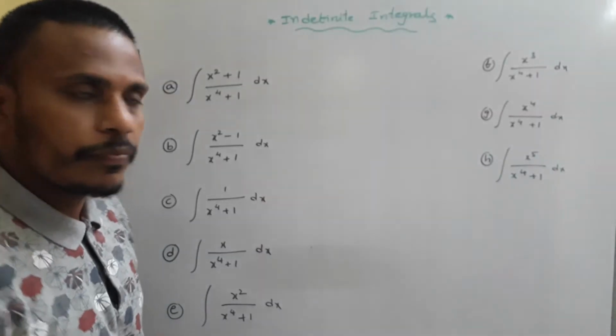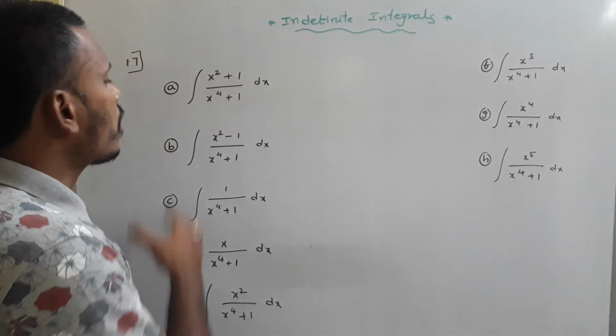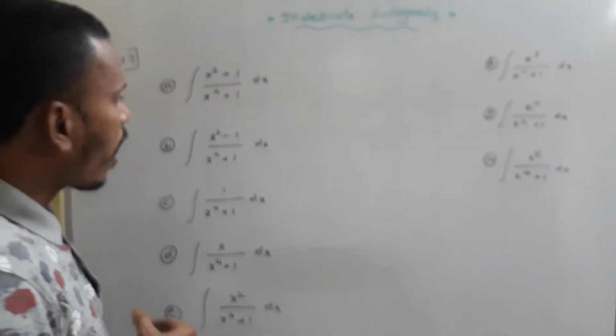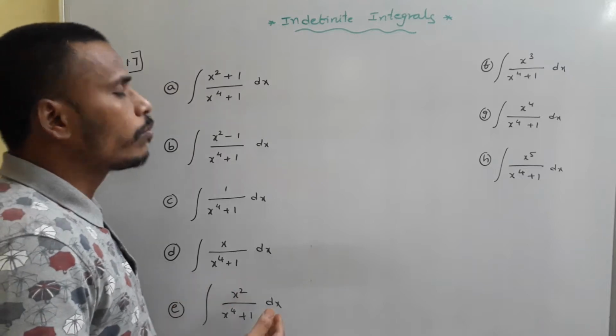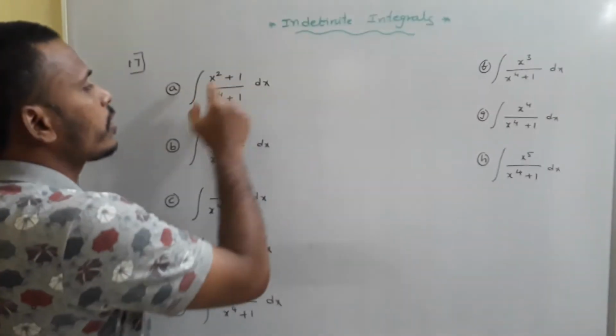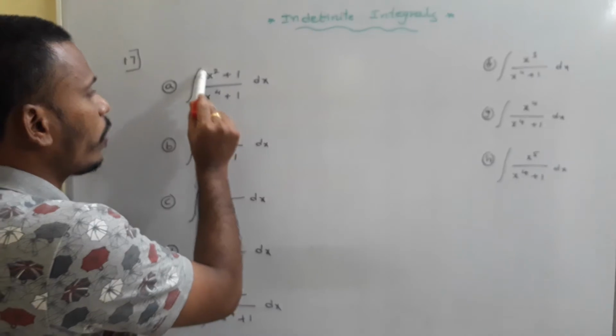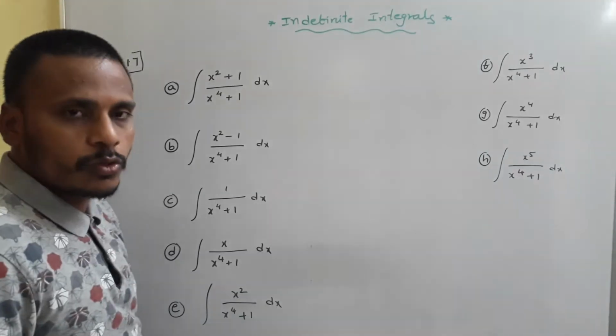You just have a look. This is integral of x square plus 1 divided by x power 4 plus 1 dx. See how to solve this. I am interested in moving towards the substitution method. So first of all, you just divide the numerator as well as the denominator by x square.